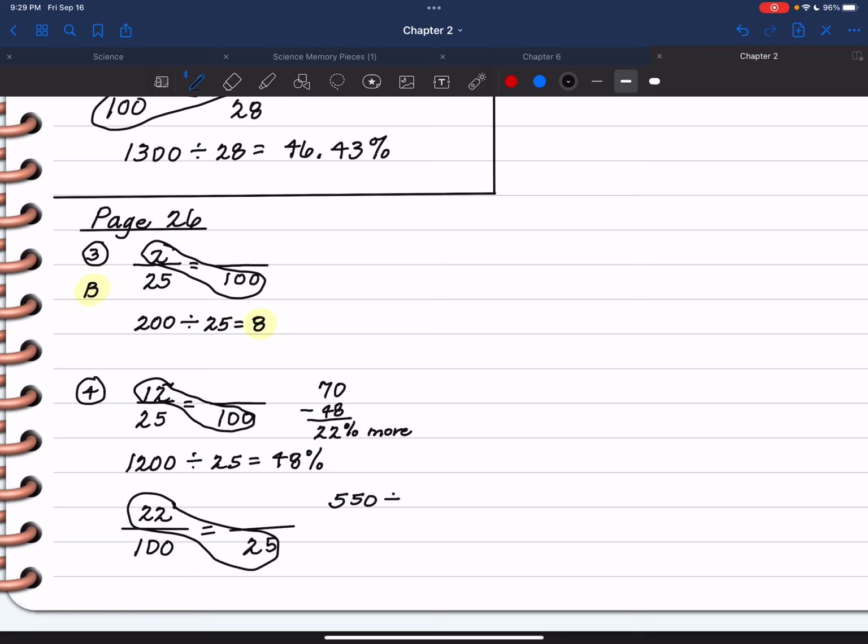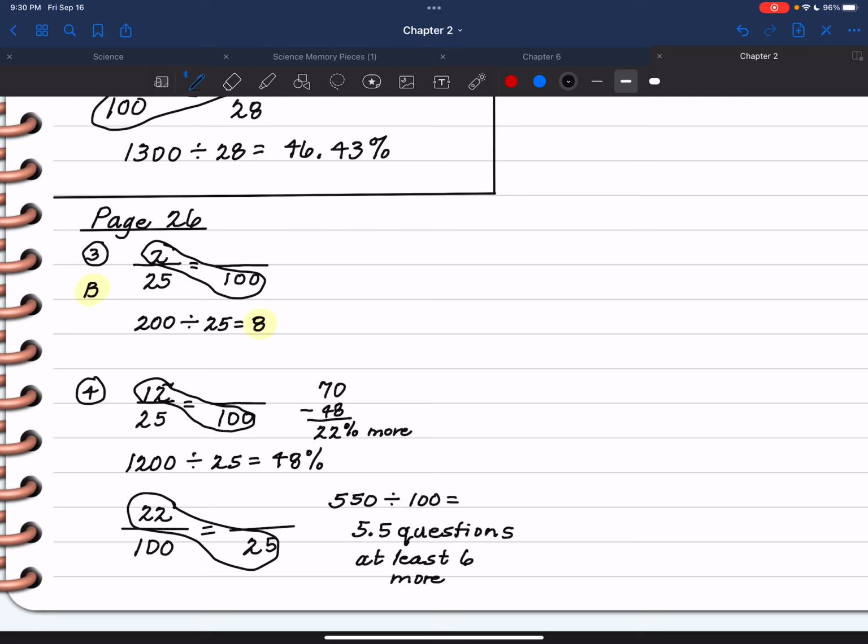And 550 divided by 100 is 5.5. So 5.5 questions. On most tests, you can't get half of a question right. You need to get a whole question. So this student would need to get at least 6 questions more.